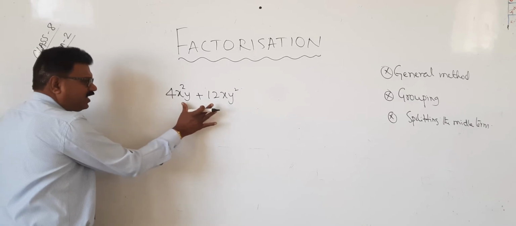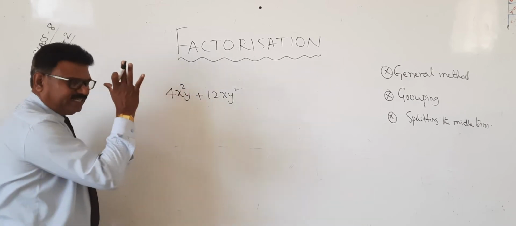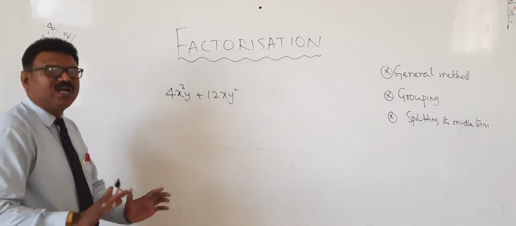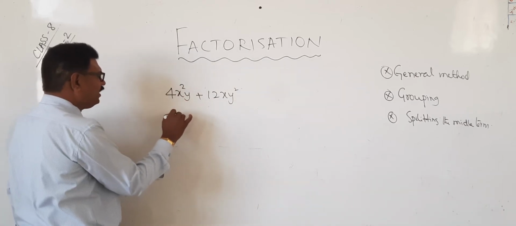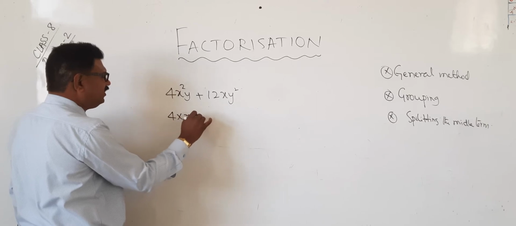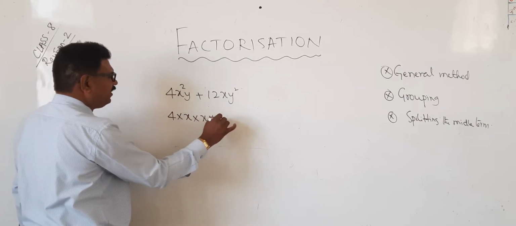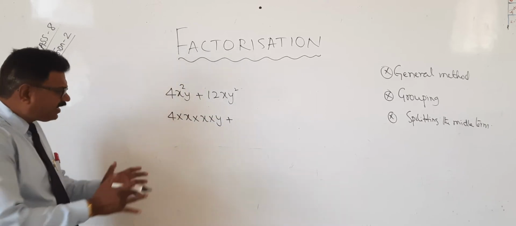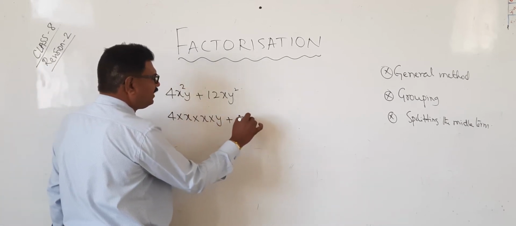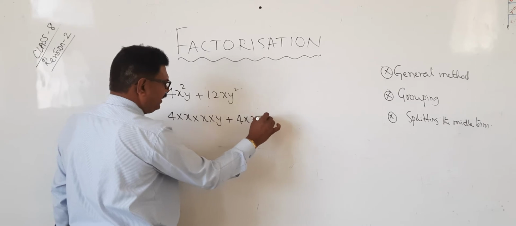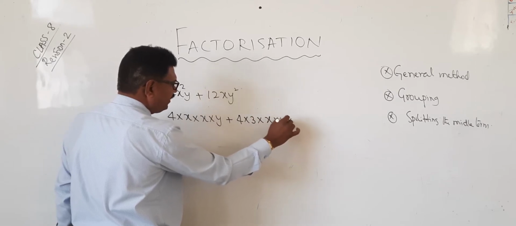If you are understanding this technique, there is no problem. If you are not understanding, this is the learning process. 4 into x into y. We are expanding the term, and again 12 can be written as 4 into 3 into x into y into y.